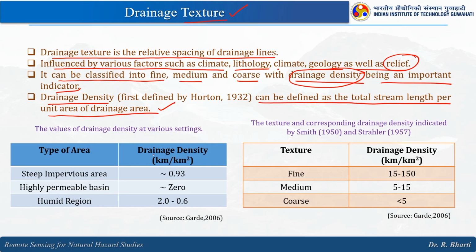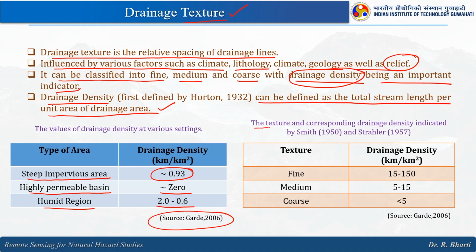So, here when we have drainage density approximately 0.93 kilometer per kilometer square, right, we have this steep impervious area. Highly permeable basin, it is 0, humid region it is 2 to 0.6. This is from this particular paper, right.